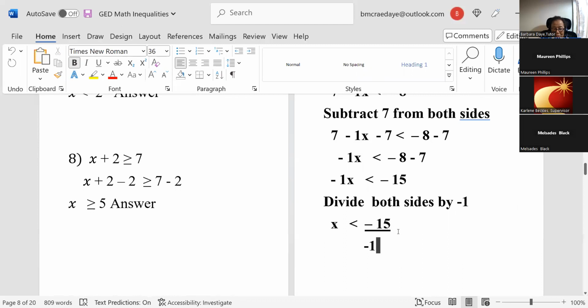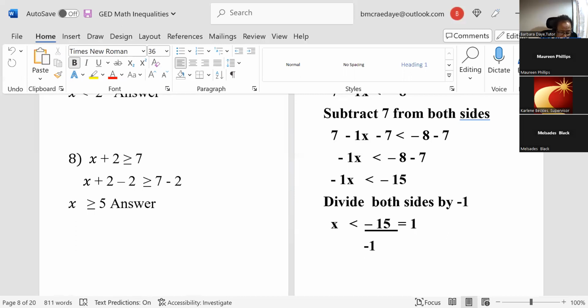And what's that equal to, Maureen? A minus 15 divided by minus 1. That's equal to what? A plus 15.